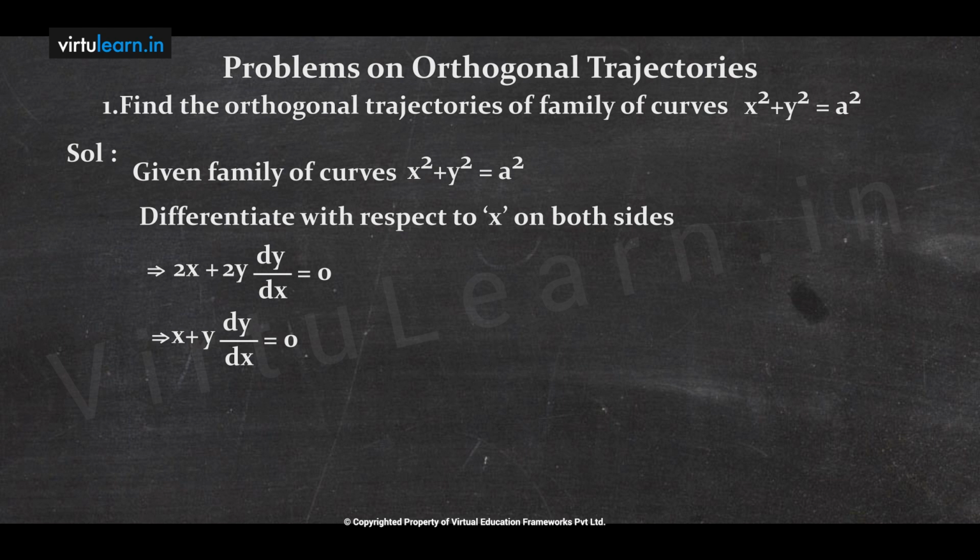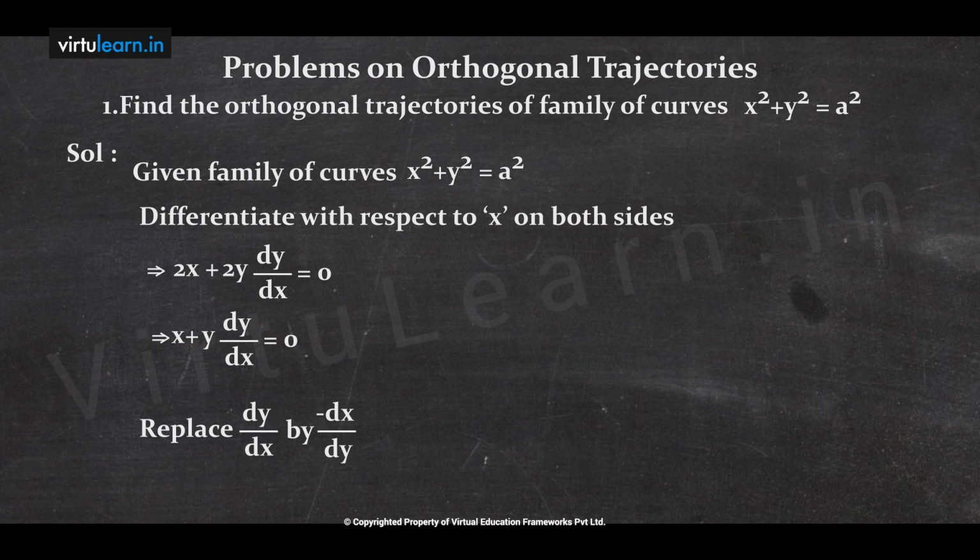In finding orthogonal trajectories, first eliminate the arbitrary constant. Then, after eliminating that arbitrary constant, automatically we will get one differential equation. After getting this differential equation, you replace dy by dx by minus dx by dy, because orthogonal trajectory means we are calculating the perpendicular curve to the given family of curves.